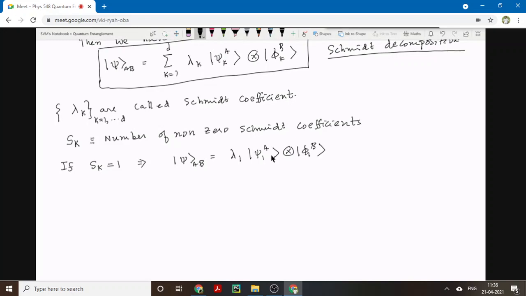This means that this can be written as a product of two different states of two different Hilbert spaces. So this is a product space. Note that psi AB is a product state or a separable state.